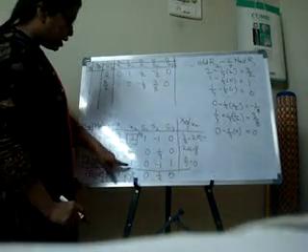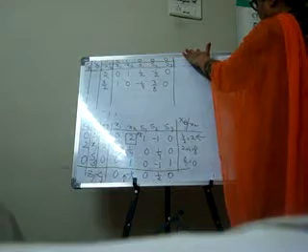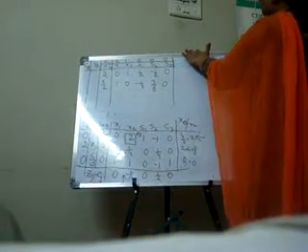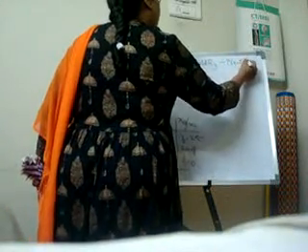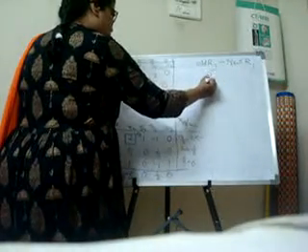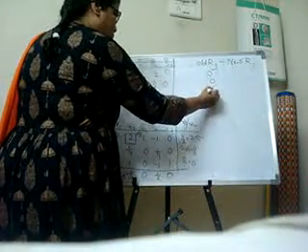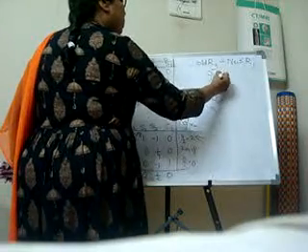Now the last one, we have to make this also 0. How do we do it? Simply R3 minus new R1. Old R3, what are the values of old R3? 0, 0, 1, 0, minus 1 and 1.